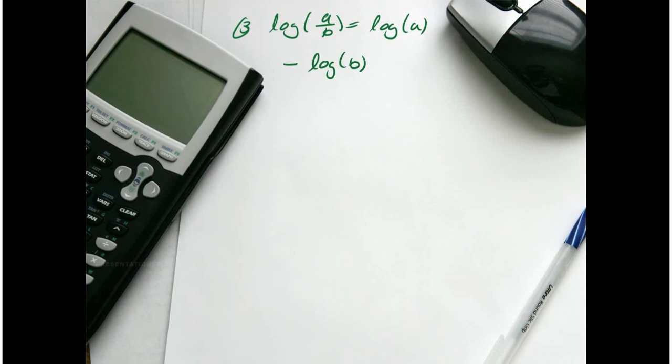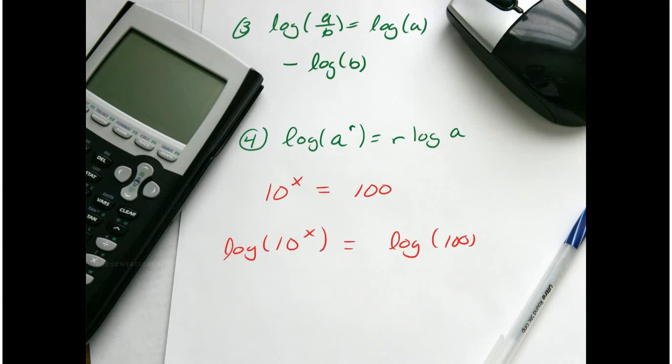I'm not going to go over an example for log of a minus b, or a divided by b. That's equal to log of a minus log of b. This one, number 4, I see more often than properties 2 or 3. And that's when I have an exponent on the a, the exponent comes out in front. So if I have 10 to the x is 100, we actually know the x is 2.